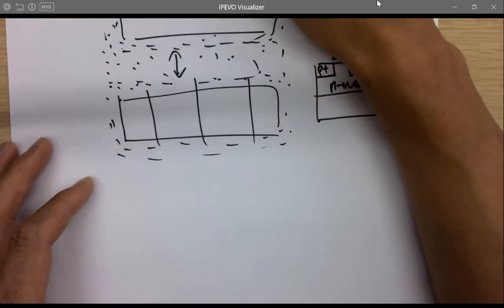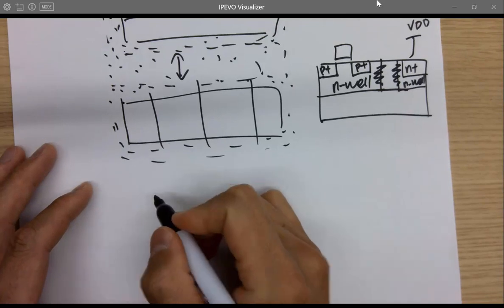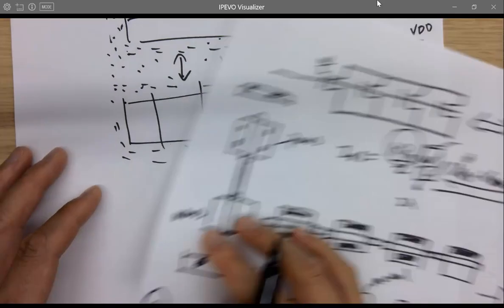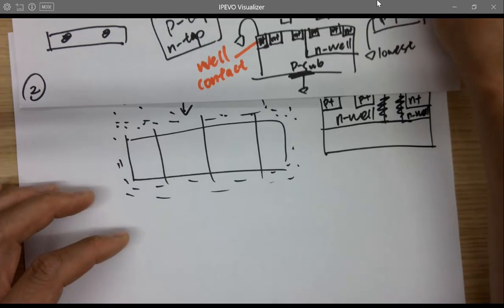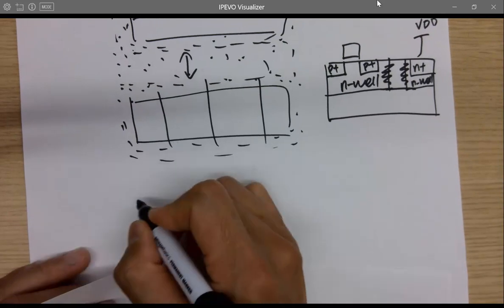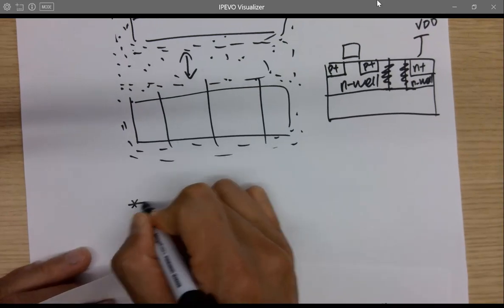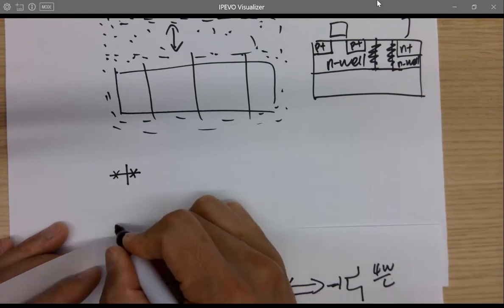And there's a way that you can lay out 4 transistors in parallel. It's pretty interesting. And we use, for example, this mark to represent the PMOS. And this is for NMOS.